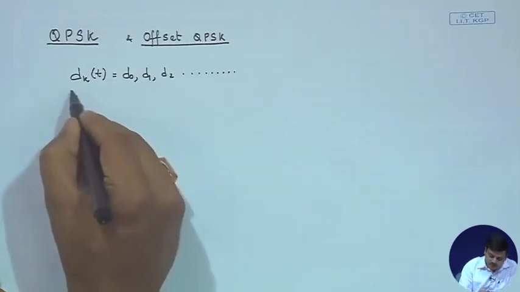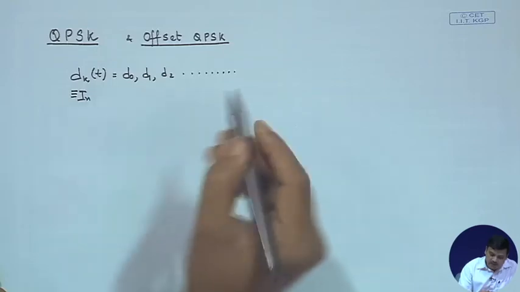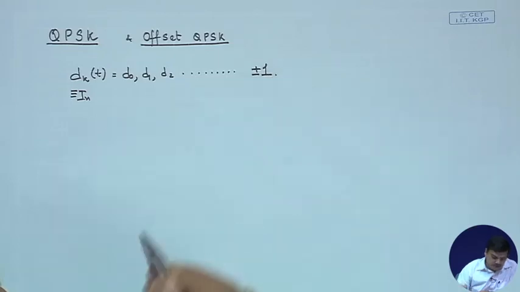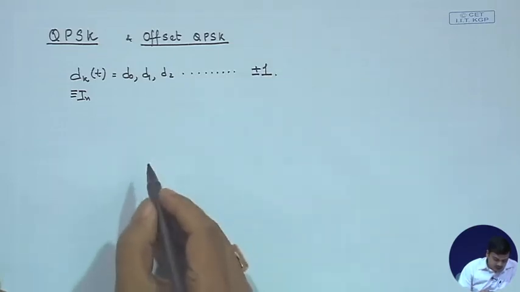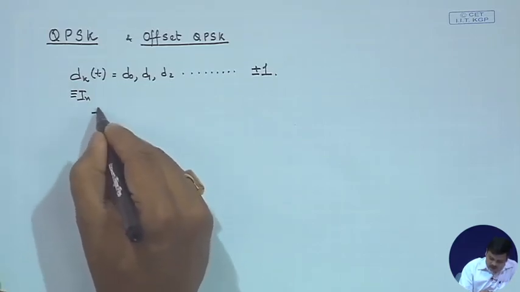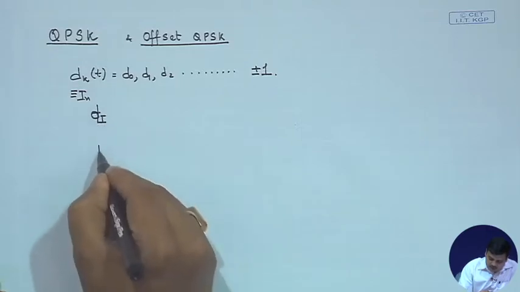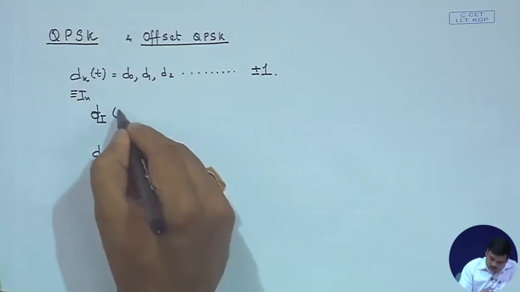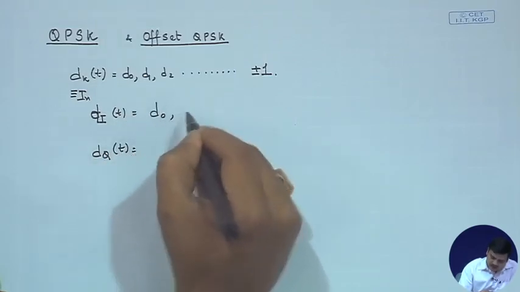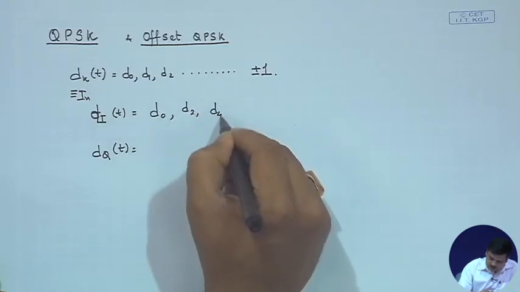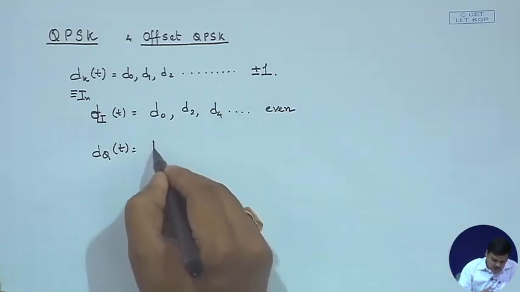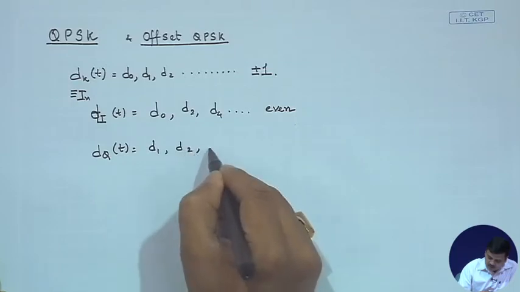So, this is similar to the earlier notation of I_n, and this could take values of plus or minus 1, and the incoming stream is divided into two parts, d_I and d_Q, such that d_I(t) and d_Q(t), the in phase consists of the even bits, you can say the even symbols, and this consists of the odd ones.